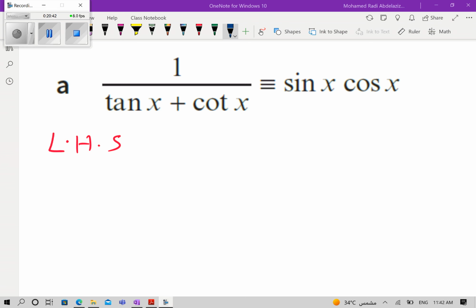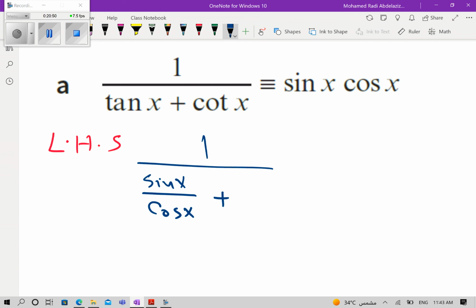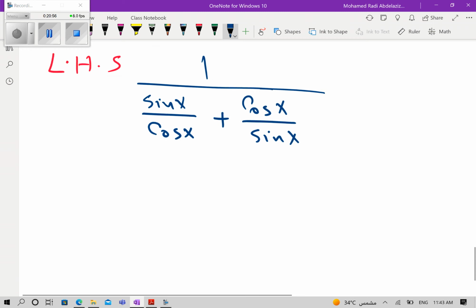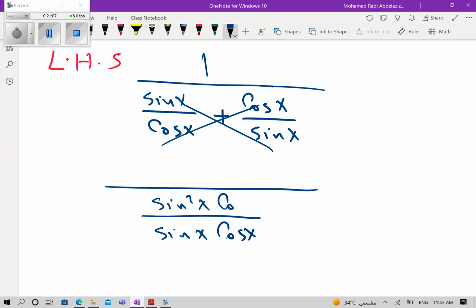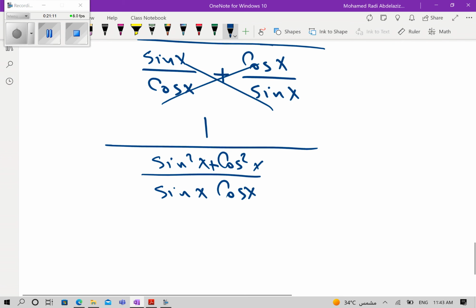Yalla. Yeah, good. 1 over tan is sine x over cosine x plus cotan is cosine x over sine x. Good. If we have two fractions, it will be a single fraction, sine x cosine x, cross will be sine squared x plus cosine squared x, which will be what? 1.